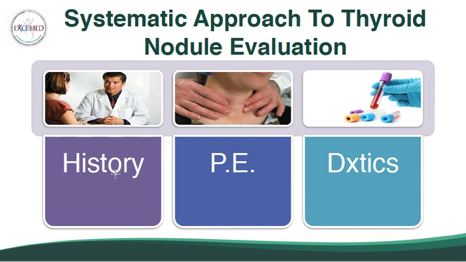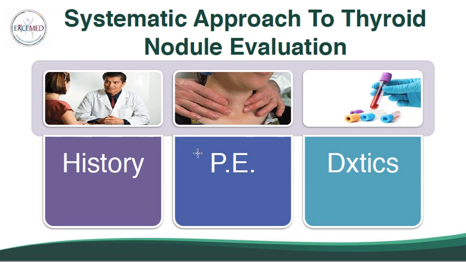From the history, you'll be able to pick up signs whether this is a hyperthyroid or a hypothyroid patient. You'll also pick up characteristics of the patient that will give you clues whether this patient is high risk for malignancy. Later, I'll show you which are the risk factors for thyroid malignancy.